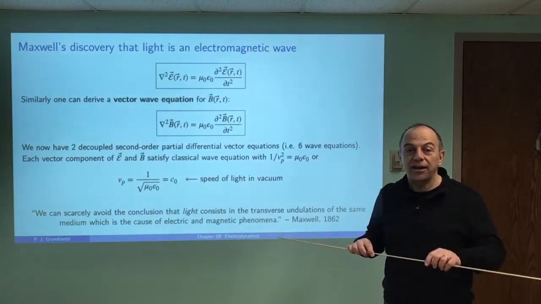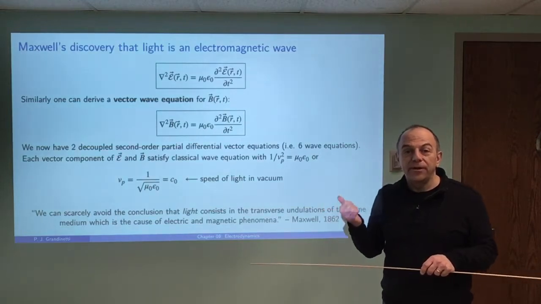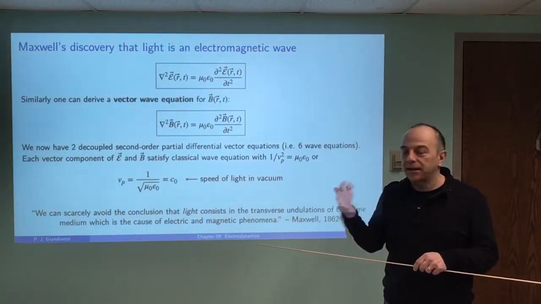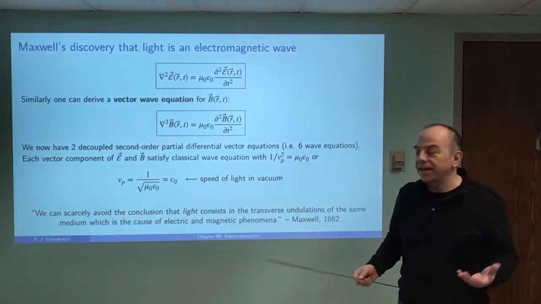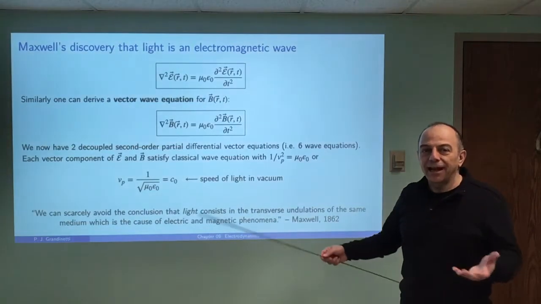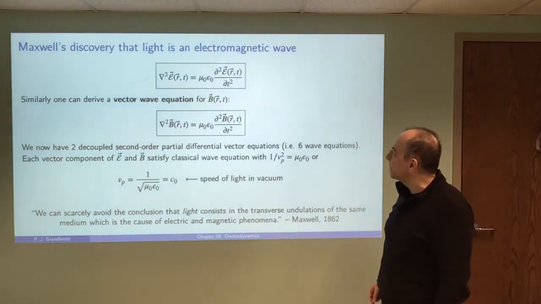That was the first time, in 1862, when you decouple the electric and magnetic field differential equations, Maxwell's equations, to get decoupled equations for E and B, that you see that you have a wave that can exist that's moving at the speed of light. So maybe light is a wave that is electromagnetic in origin.